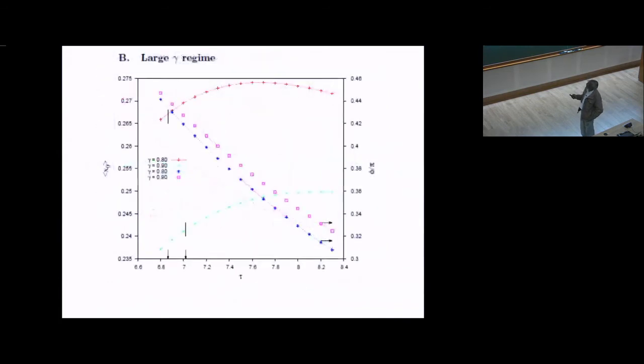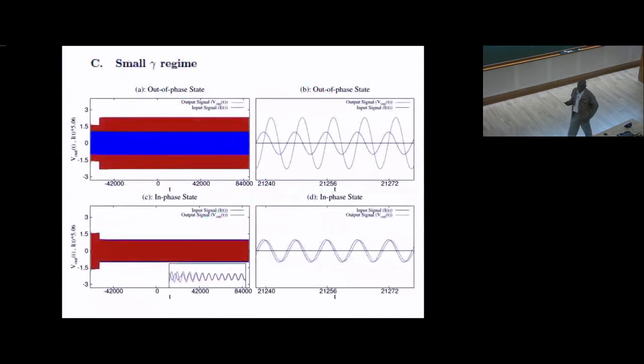Here, what happens is that when you drive a pendulum with a small amplitude, you see that for the same drive amplitude you can have two kinds of oscillations: in one case the amplitude is large, in the other case the amplitude is small.